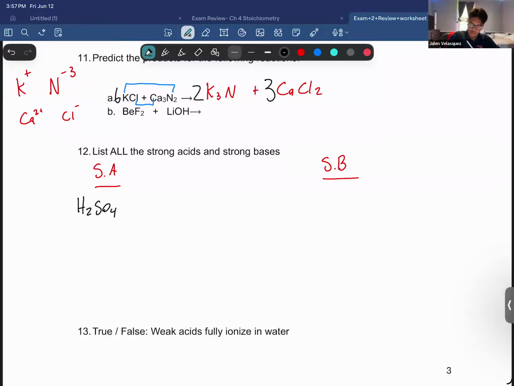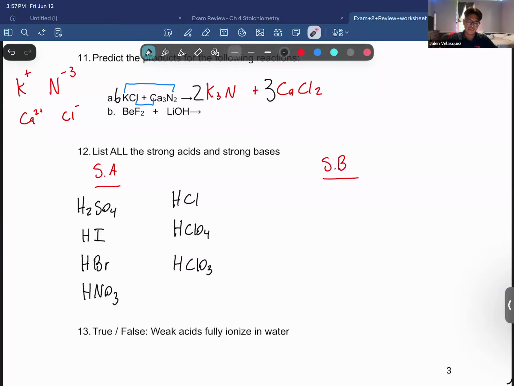So sulfuric acid, we have hydroiodic acid, hydrobromic acid, we have nitric acid, hydrochloric acid, and then we have perchloric acid and chloric acid. So these are the 7 strong acids you must memorize.